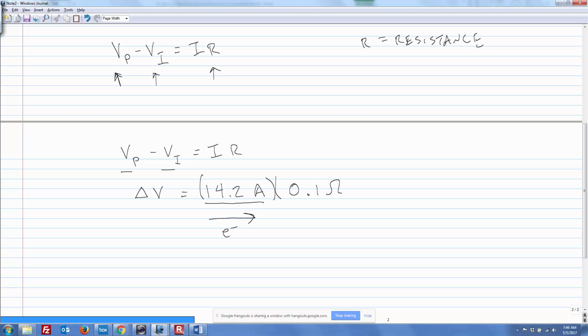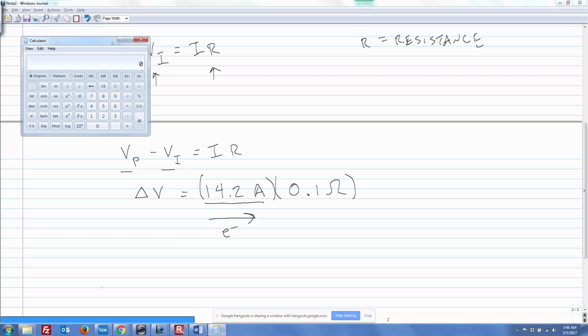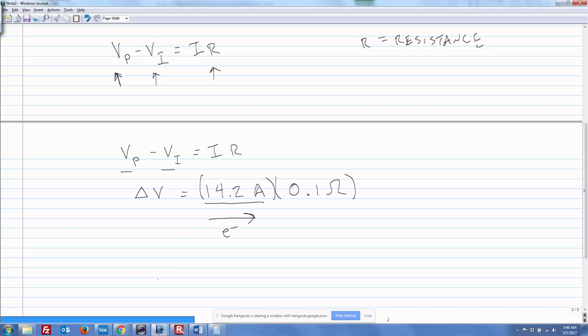So now we can calculate. 14.2 times 0.1 equals 1.42. So delta V equals 1.42 amps.